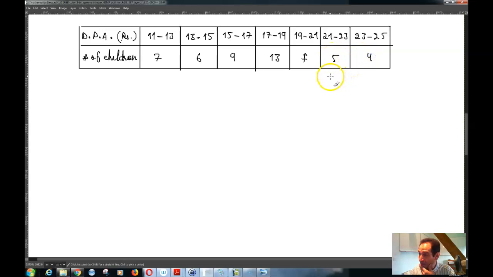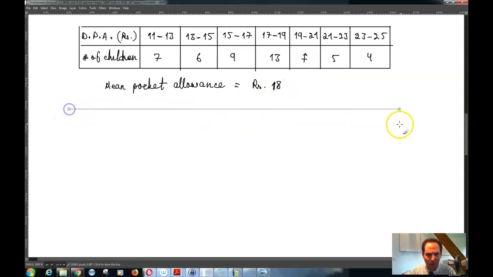So here I know that the mean pocket allowance is 18 rupees. So you want to find the frequency related to this class interval.